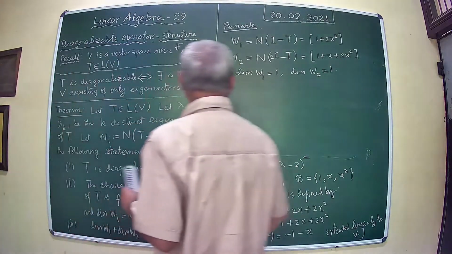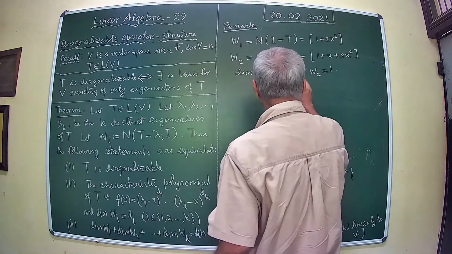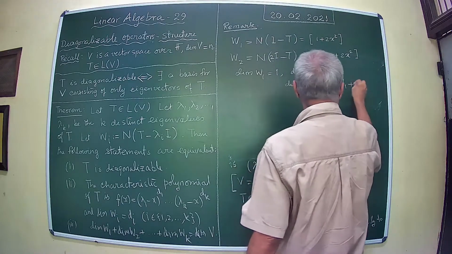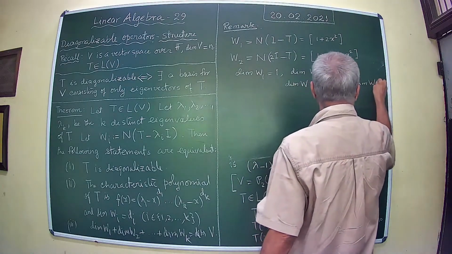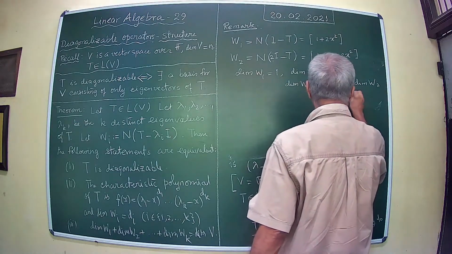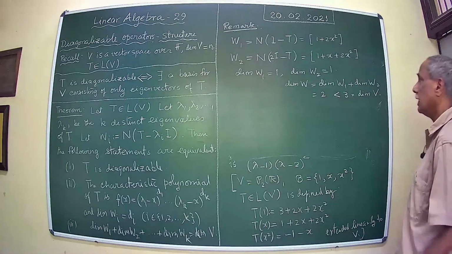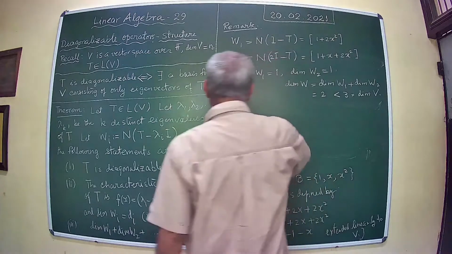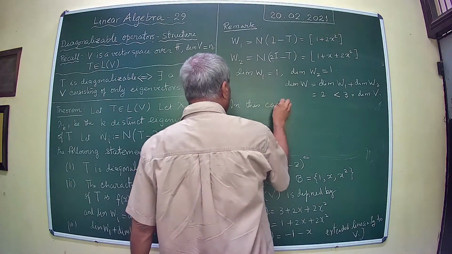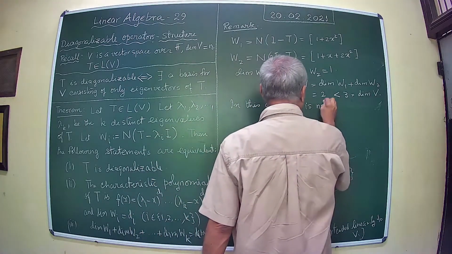So in fact, because of this, you see that the dimension of W is equal to 2, which is less than 3. Therefore, in this case, T is not diagonalizable.